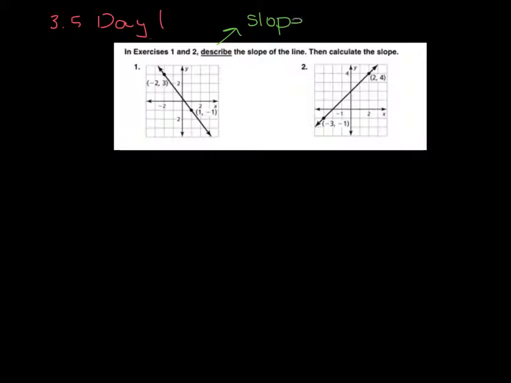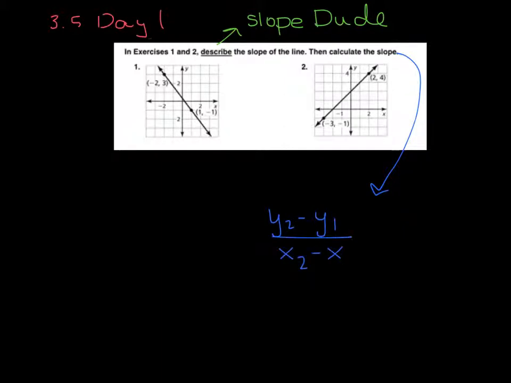Then we're going to calculate our slope. When they ask you to calculate, you're using y2 minus y1 over x2 minus x1, or you're using slope triangle to find the rise over run ratio.